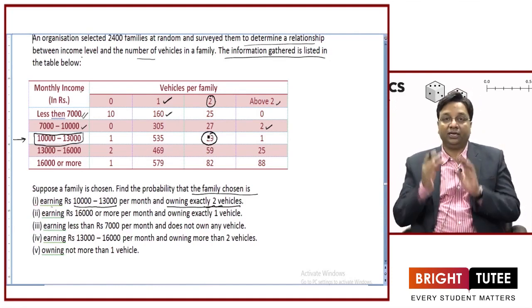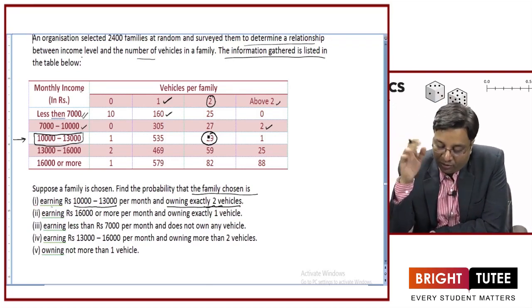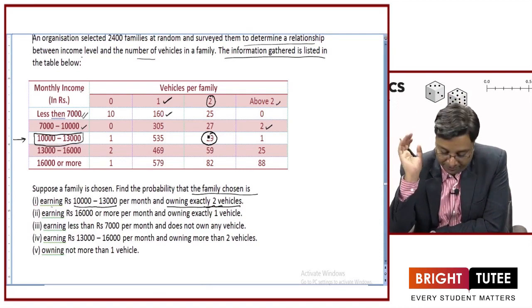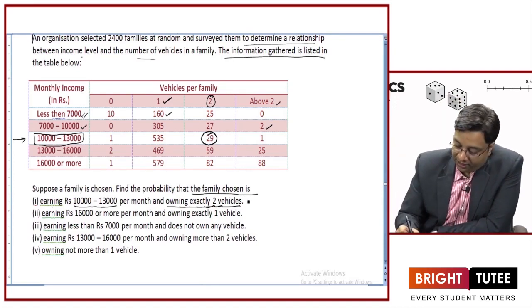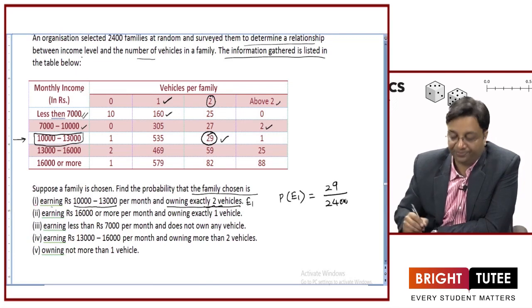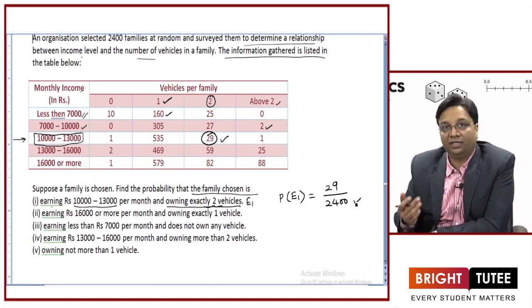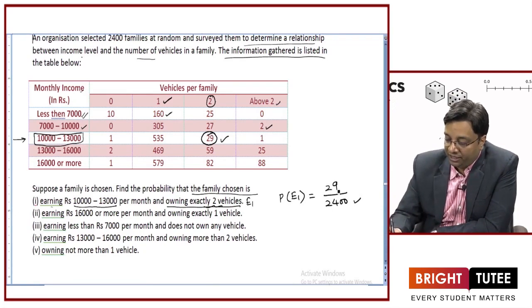Let us say this is event 1. So, the probability of event 1 will be equal to 29 by the total number of families, that is 2400. Okay. You can leave it here, otherwise you can convert it into decimal form by dividing 29 by 2400.